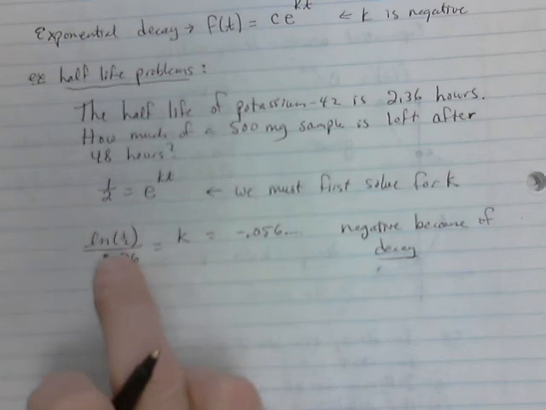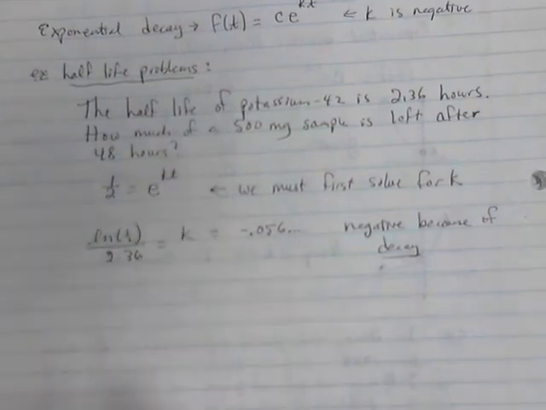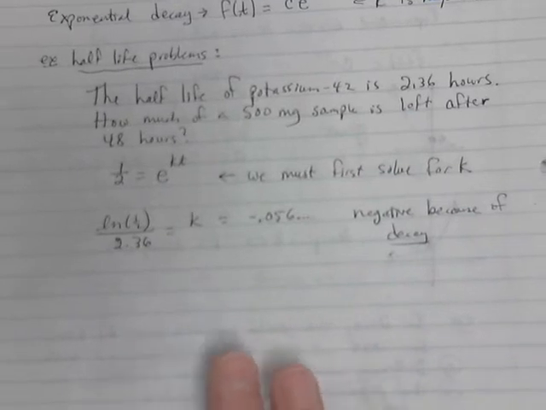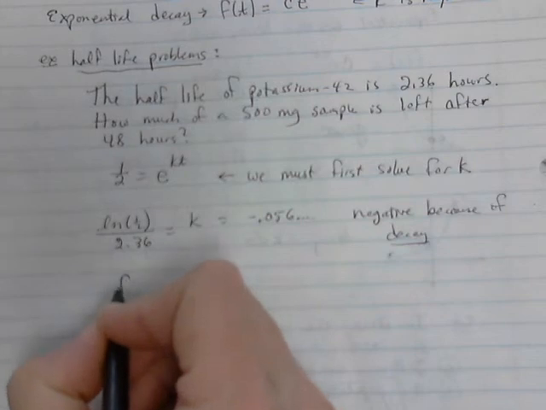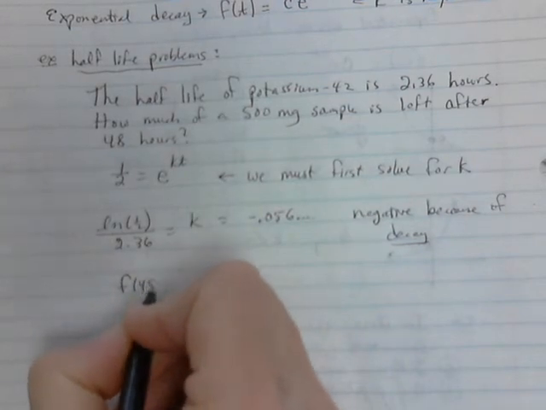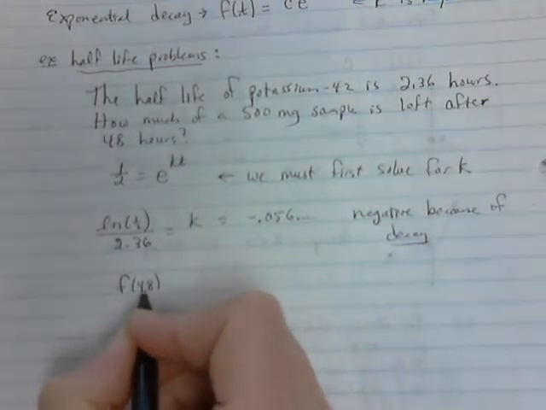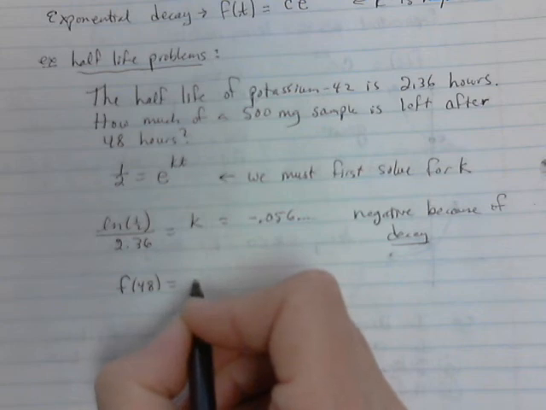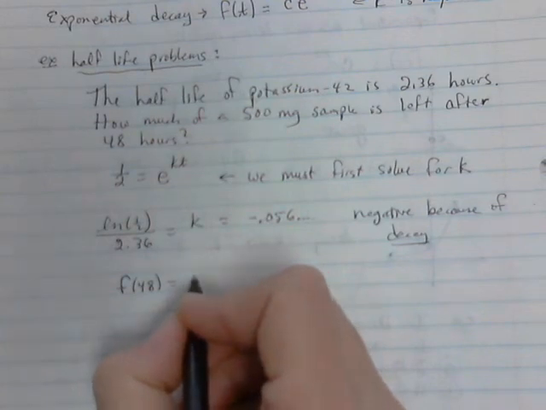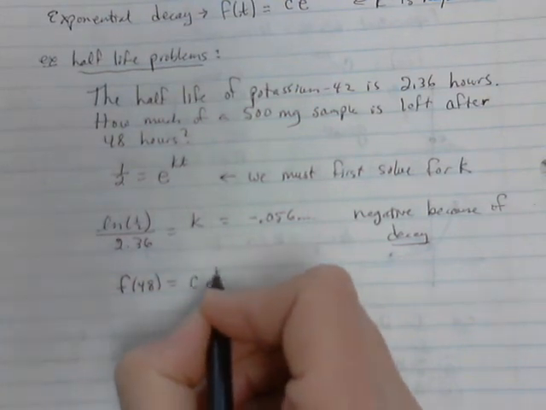So now how much is left? Now that we know k, we can figure out how much is left of a 500 milligram sample after 48 hours. So what we're doing is we're finding f of 48, because after 48 hours, t is 48. So f of 48 is equal to, and we'll use our original formula, c e to the kt.